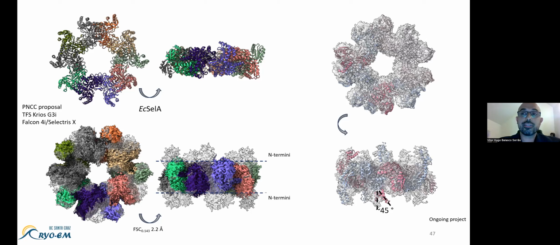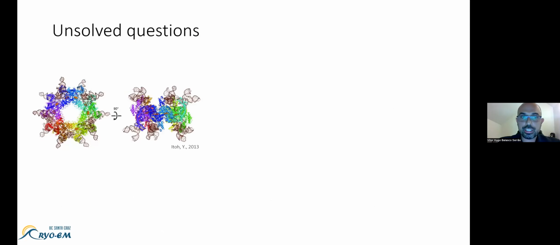And you can understand flexibility. So now we can see where the N-terminals are pointed towards, and there's a bunch of new questions that open up. Right, so some unsolved questions are: this is the tRNA complex solved at 7.5 angstroms, but it does show all the binding sites completely full.